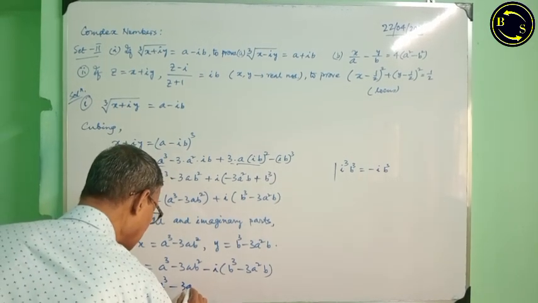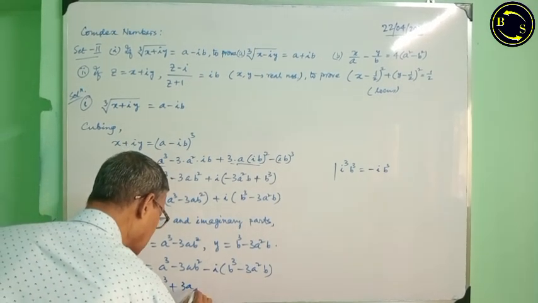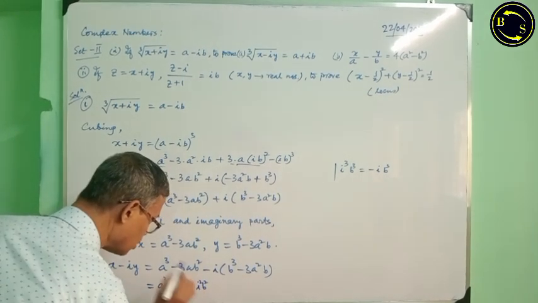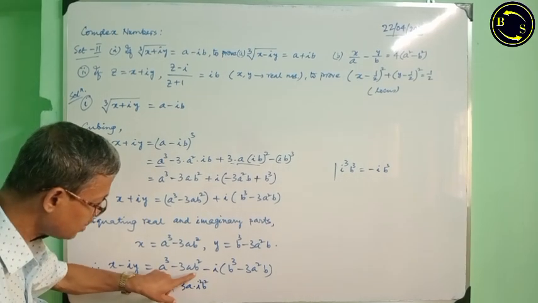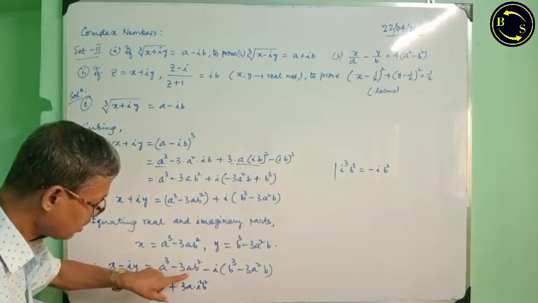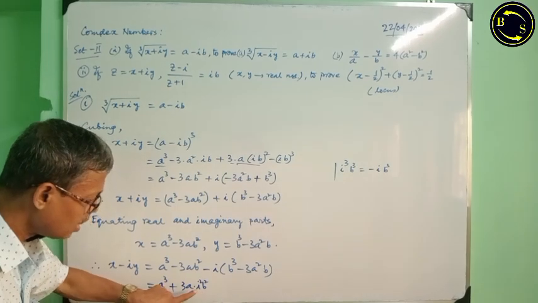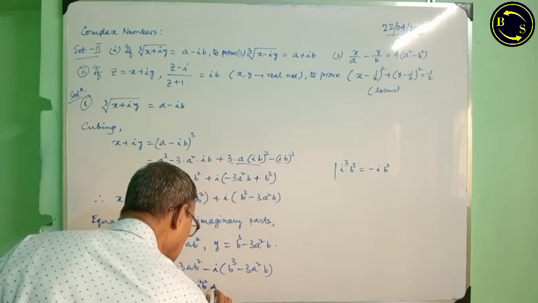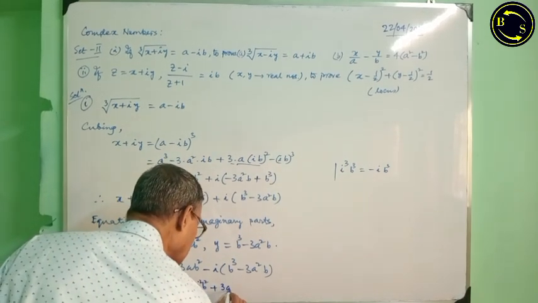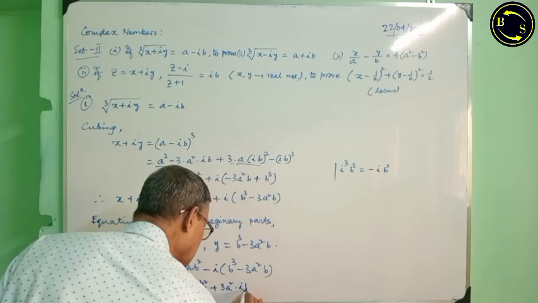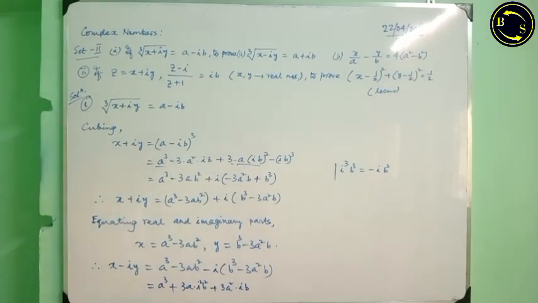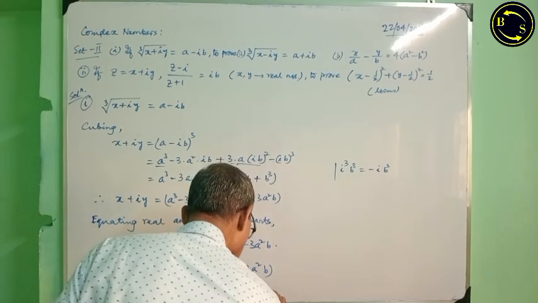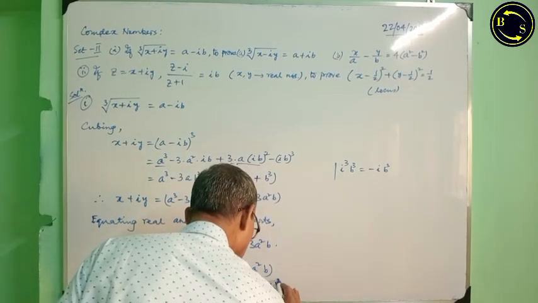b squared, that can be written as i square b square. Minus, if I take minus b square, then I can write that as i square b square. This one plus 3 a square into ib, then ib cube is there, therefore this will be ib whole cube.